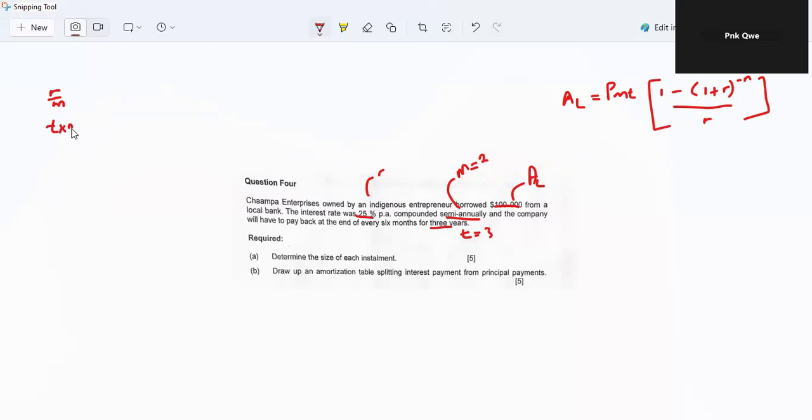So semi-annually, what is our interest here? 25%. So 25% divided by 2, what do we get? 12.5%. That's the interest rate that will be applied every 6 months.